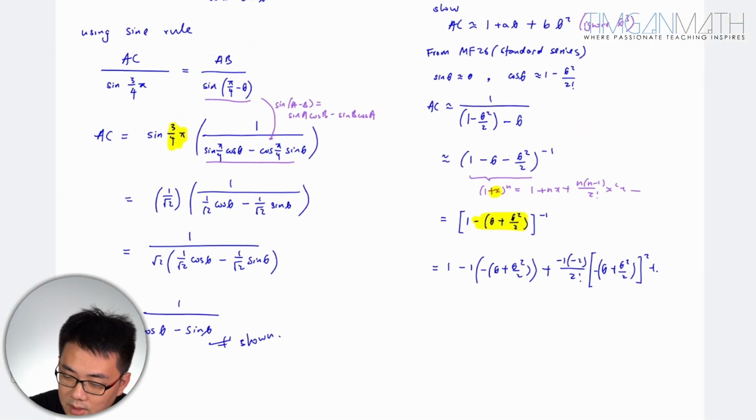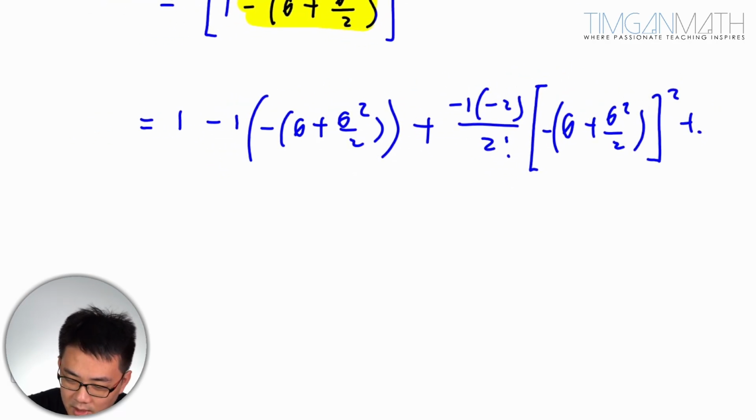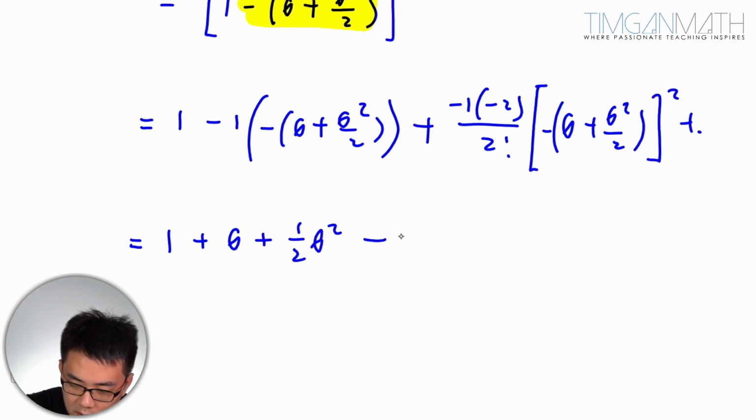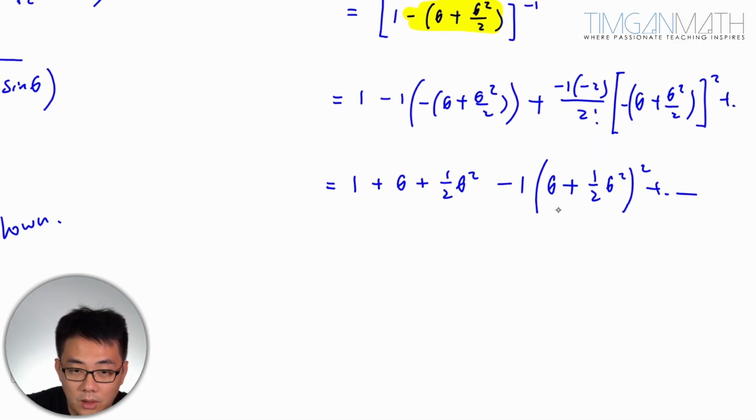Once that's done, we can just expand this part. It looks a bit complicated, but I think it's okay. 1 plus theta plus half theta square. This will be plus or minus 1 because it's squared there. This will be theta plus half theta square. Oh, this is positive, sorry.